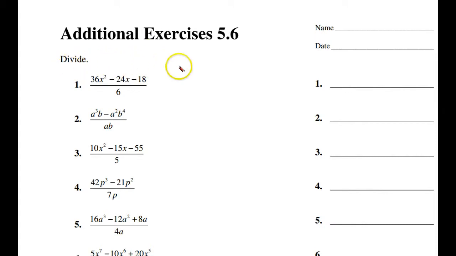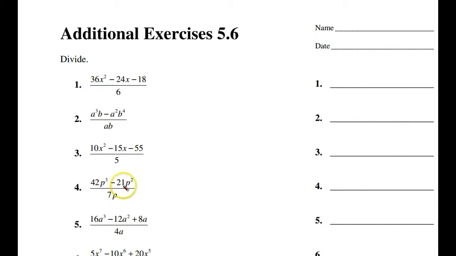So in dividing, we have a trinomial on top that's divided by a monomial. In fact, we see it in example 2, example 3, 4, and 5.